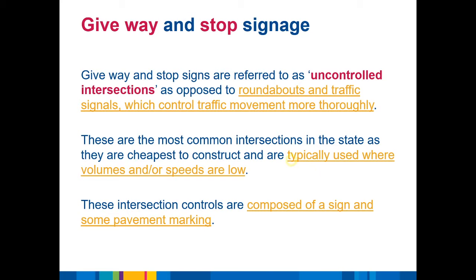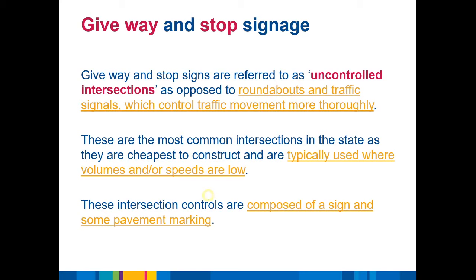So give way signs and stop signs, these are the most common intersections in the state because they are the cheapest to construct, and we typically use them where volumes and or speeds are low. So all local roads give way or stop if they don't have good visibility, and usually we'll have traffic signals and or roundabouts at the intersection of an arterial road.